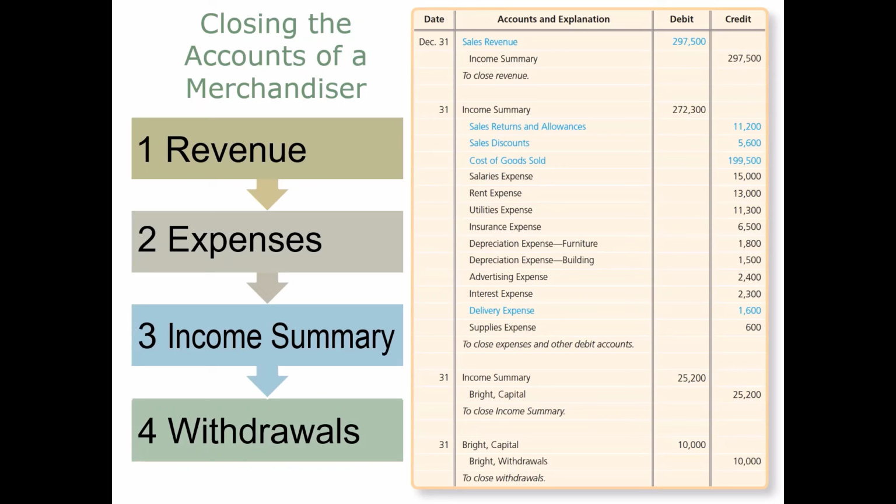Remember, the process of closing the books is to close revenue first into the income summary account, and then to close expenses also into the income summary account. Third, we close the income summary account into the capital account. And finally, we close the withdrawals into the capital account.